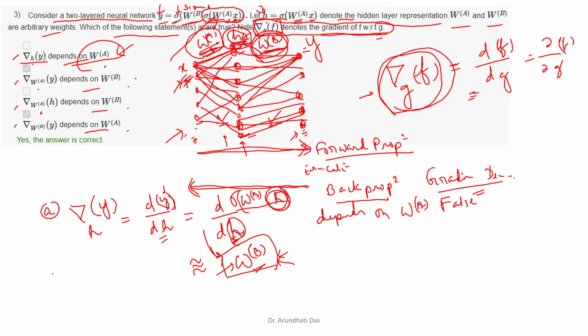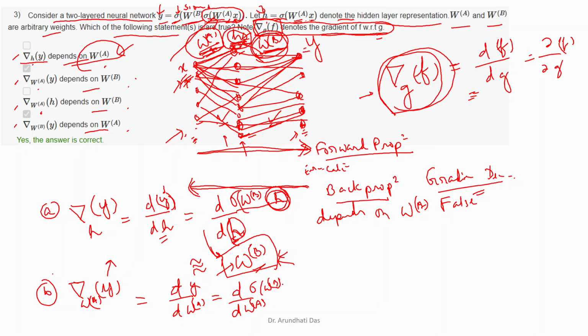Then the second option. This time we take the gradient of y with respect to wa. We have to see how we get y. We get y from some sigma function on wb, multiplied by h.